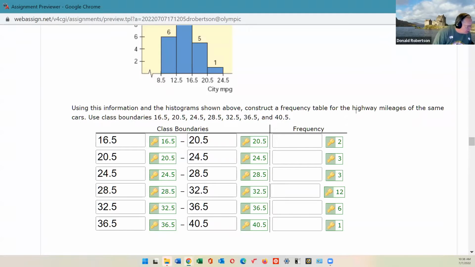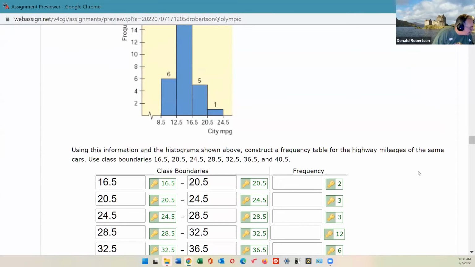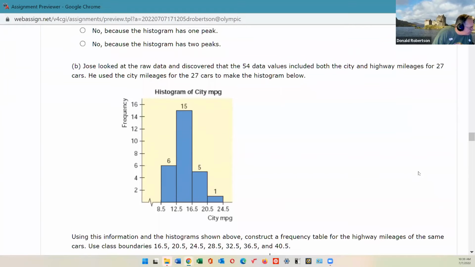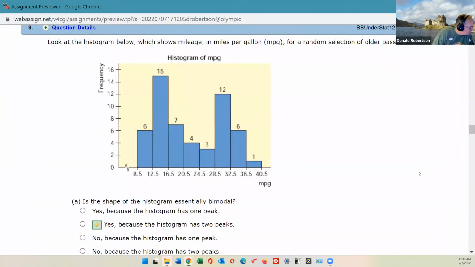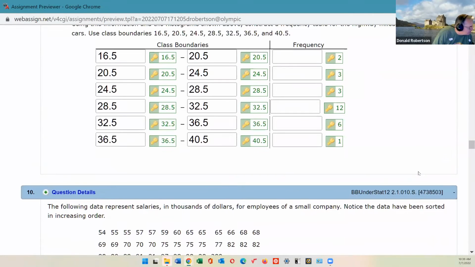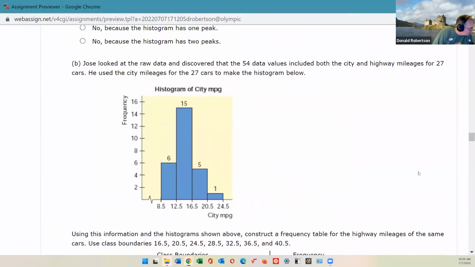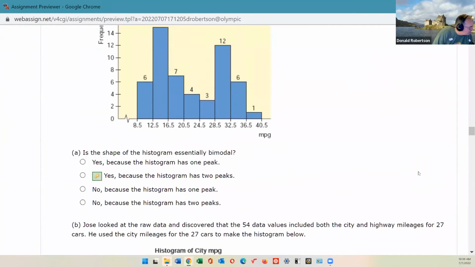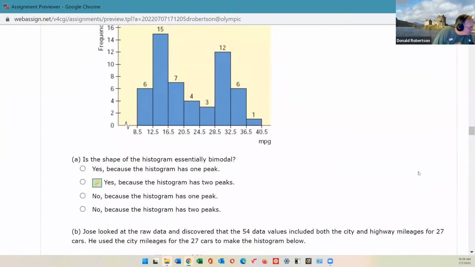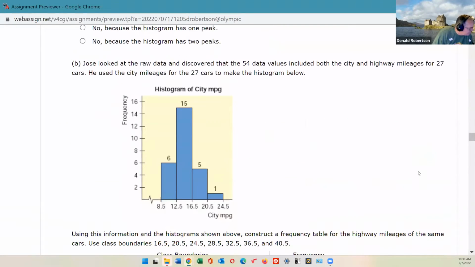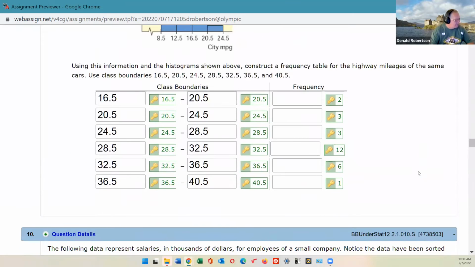Okay. 16.5 to 20.5, right? You know my intervals are correct. You see the match. And they say there's 2 in it. So 16.5 to 20.5, there should only be 2 numbers. Okay, I need help here.